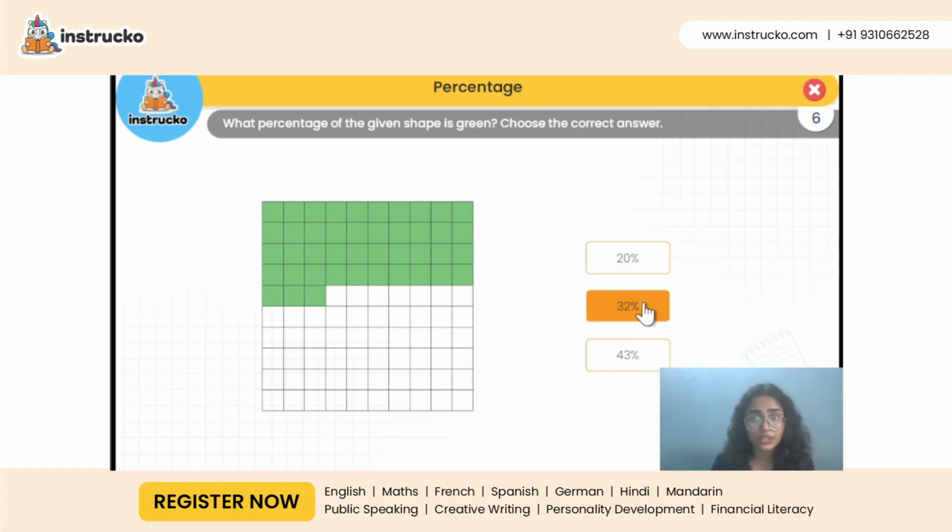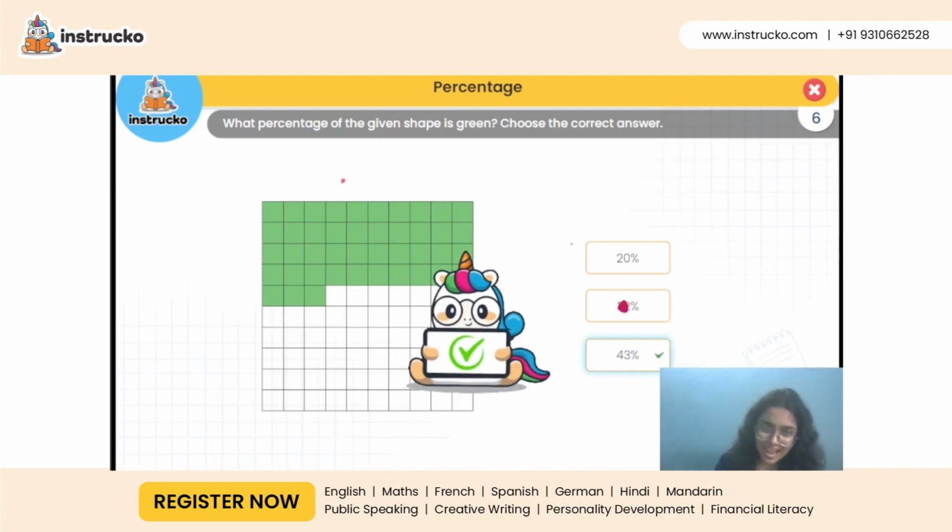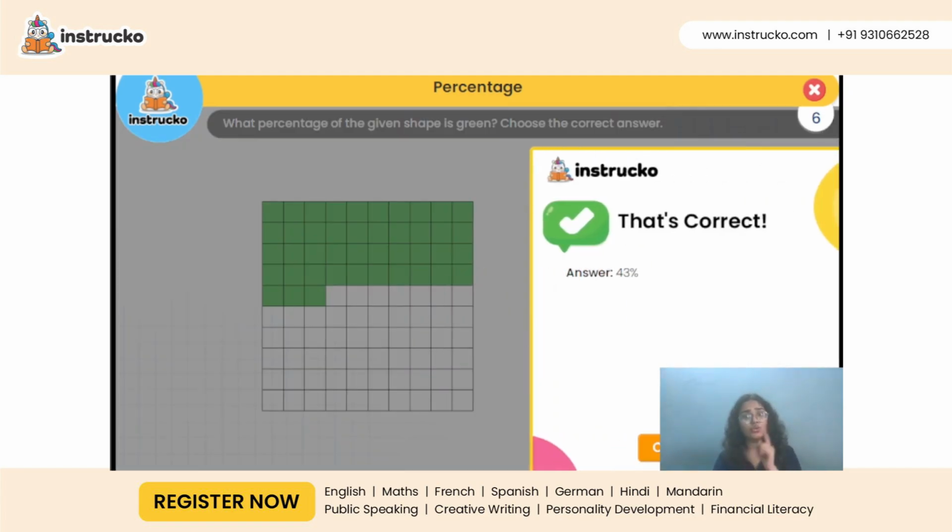Let's see if 32 is the correct answer. Oh no, we count again. These are 10 each. So 10, 20, 30, 40, and then 41, 42, and 43. Exactly. If you got that, you are on the right track. That is the correct answer. So you have 43% of the given boxes shaded green.